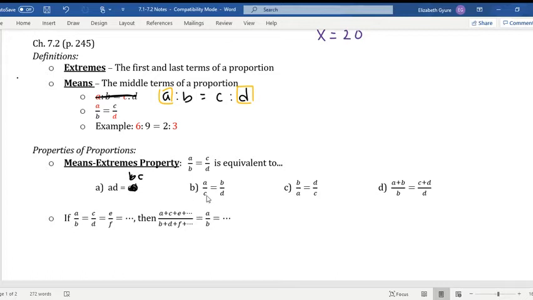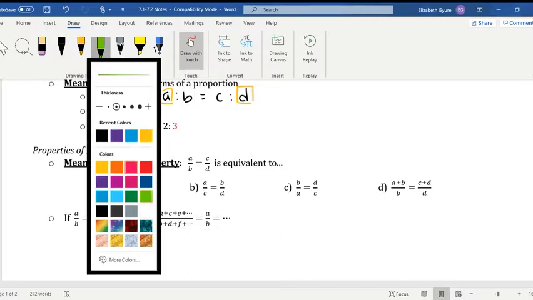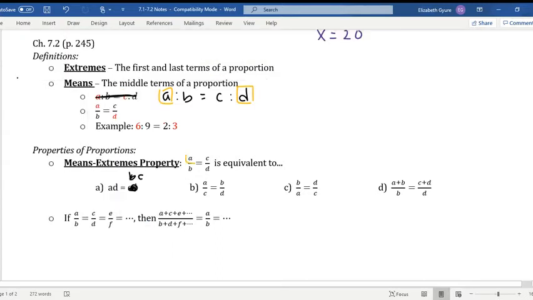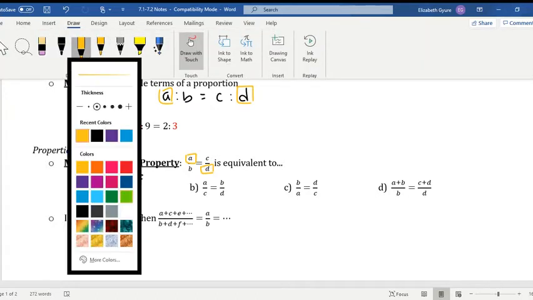But also you can switch some orders around. So I kind of want to take a look. This is where I was going to do a little color coding here. Remember, we have our extremes and then our means.